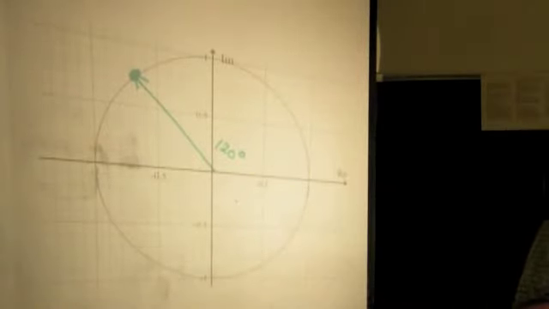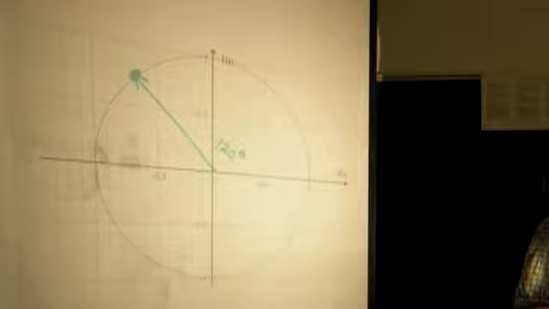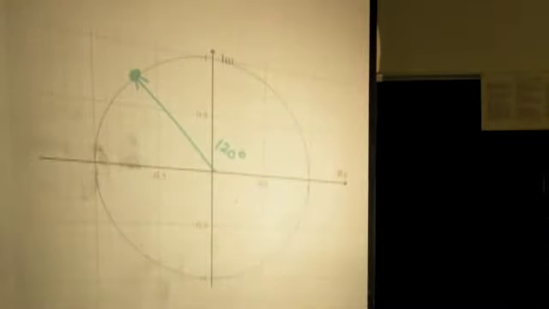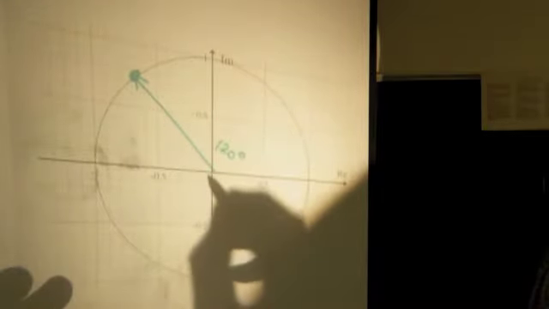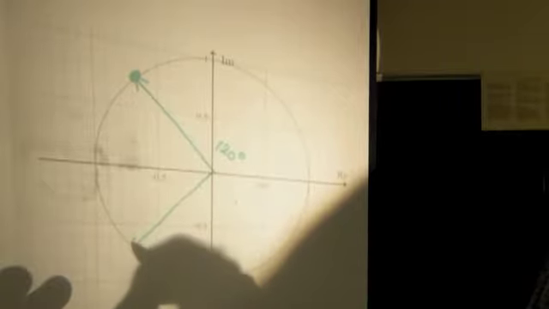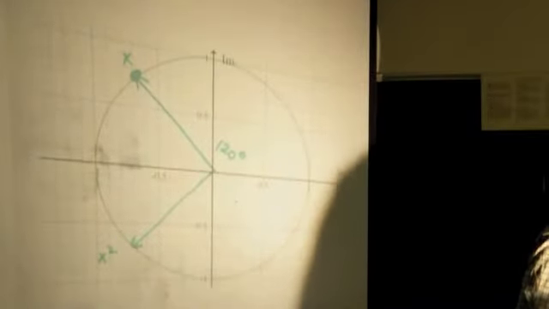where am I going to end up? 240? Exactly. The length will be unchanged because the magnitude is 1. The magnitude will be 1 times 1. But the angle will be down here at 240 degrees. So here's x squared.